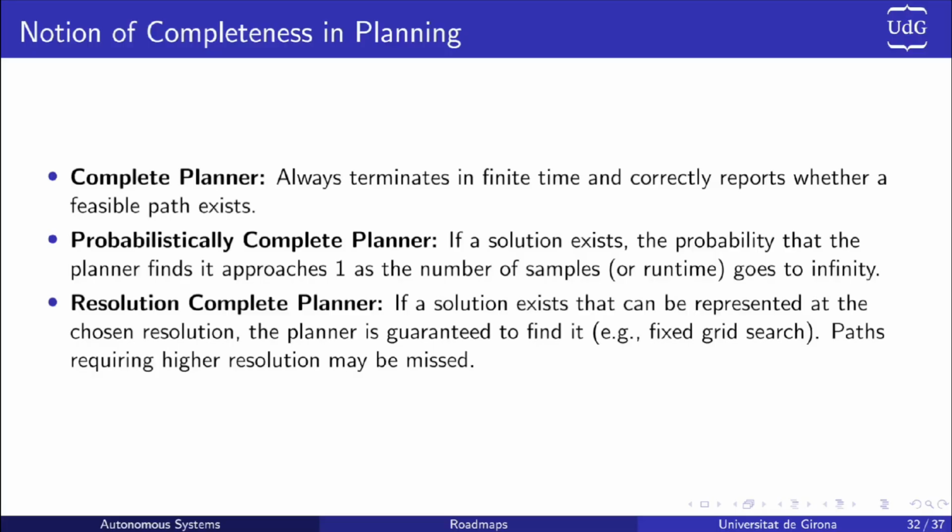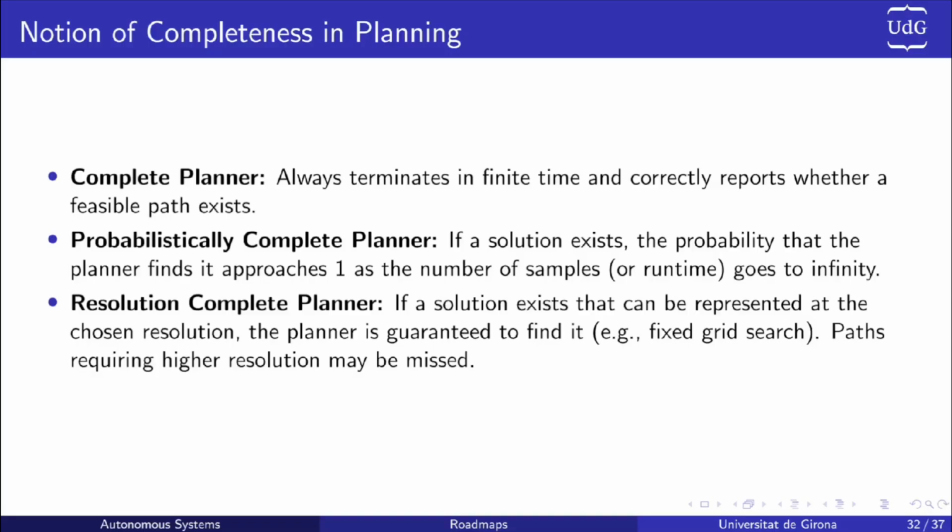It means that in infinite time, if you are able to generate an infinite number of samples, for sure, you will find the solution. But it's not guaranteed because you will not be doing an infinite number of samples.